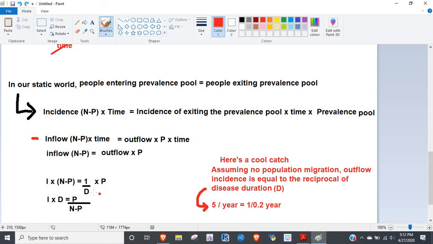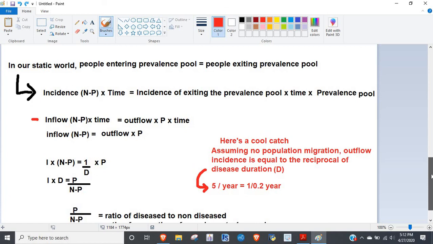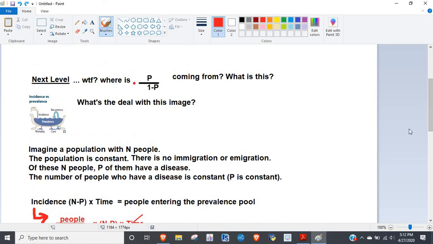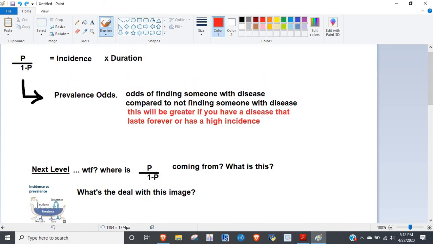And of course, when you bring d over and divide by n minus p, you get incidence times duration equal to p over n minus p. So you can already see how this is really similar to that first equation that we had over here: P over 1 minus P equals incidence times duration.